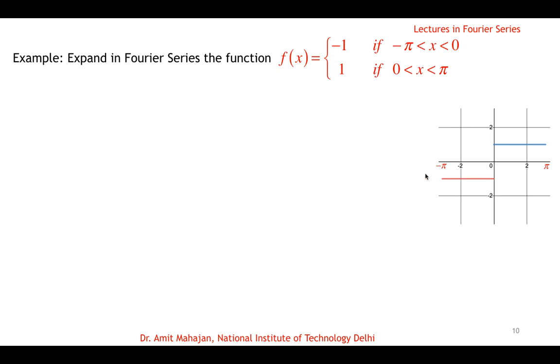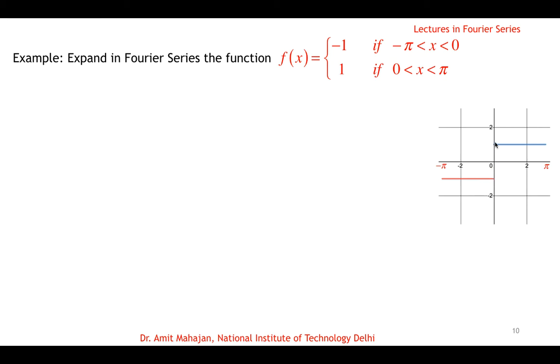Okay, so the function is periodic. On the left of this and on the right of this the same curve follows. The function is single valued. For every x there is only one value of f(x). The function is finite. At every point on this one period the function has a finite number of jump discontinuities.